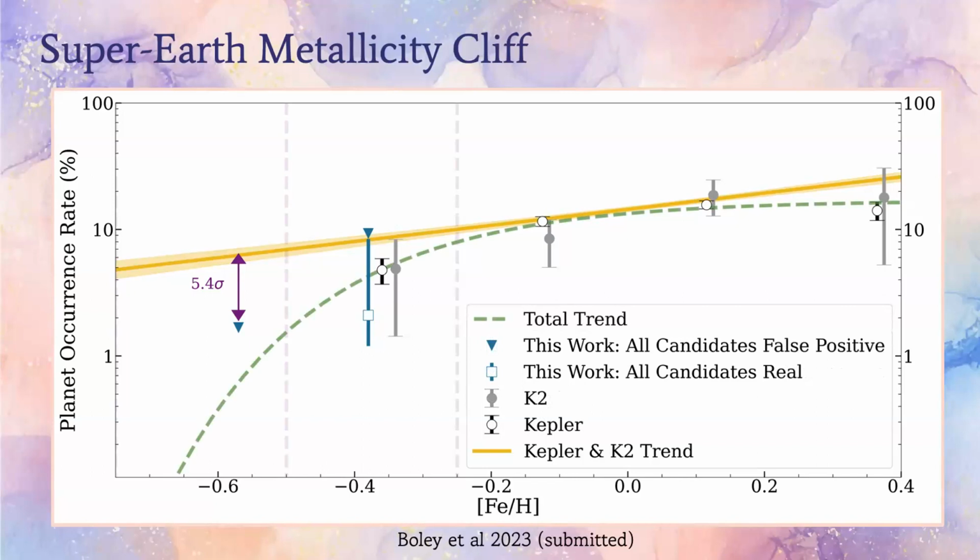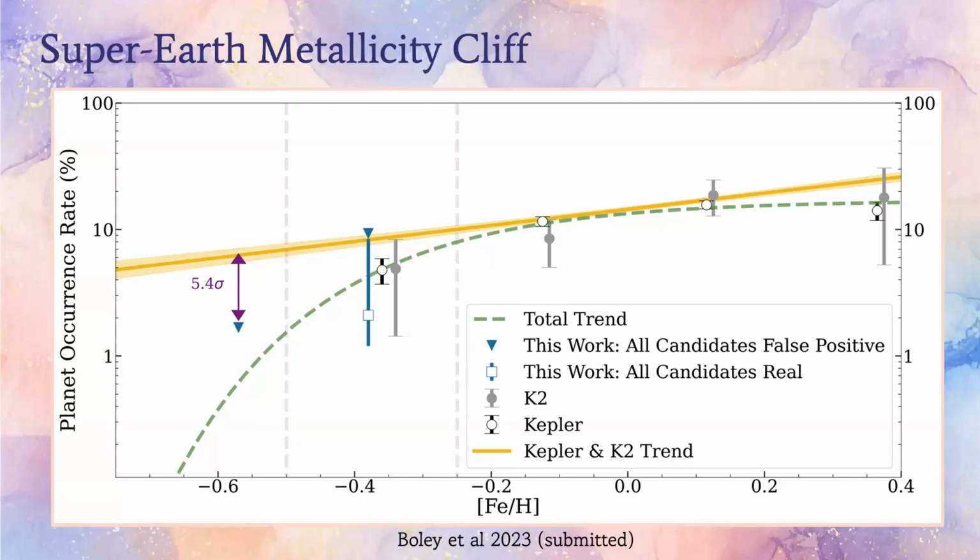So we see this pretty huge drop-off in occurrence rates for this more metal-poor regime, which is a good indication that the theory probably is pretty correct, and whether or not this is the exact point at which planet formation cuts off, we're certainly seeing a decrease, at least for the super-Earths, in planet occurrence rate and their requirement for materials. And we do have a couple of other different planet types that I'll talk about briefly.